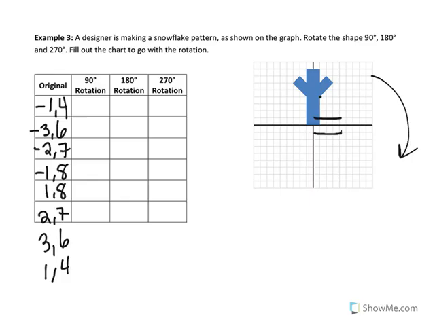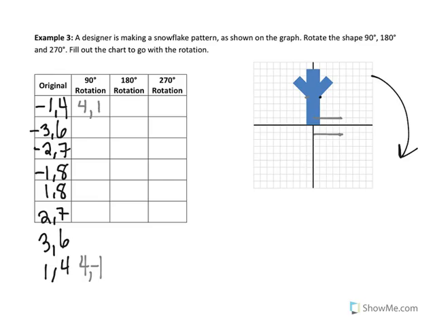So my new point, I should have drawn it in gray. My new point over here is, instead of being at 1 and 4, I'm now at 4 and -1. And this point up here, instead of being at -1 and 4, is now at 4 and +1.